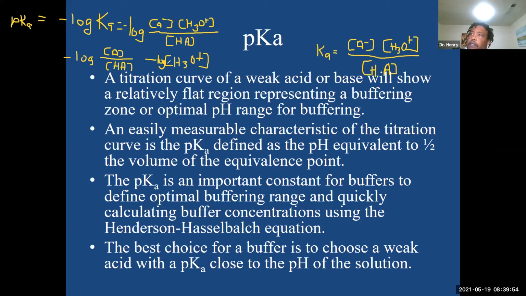So if we play with our equation, it says minus log the concentration of the hydronium ion, which we know is just pH, right? So we could say pKa equals pH minus the log of A minus, the conjugate base, over the acid.